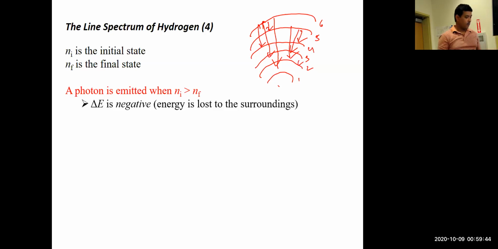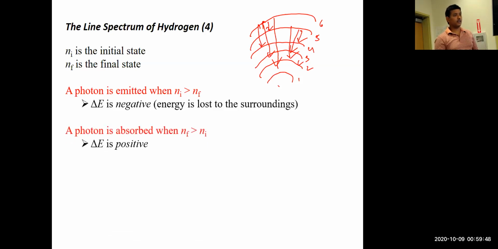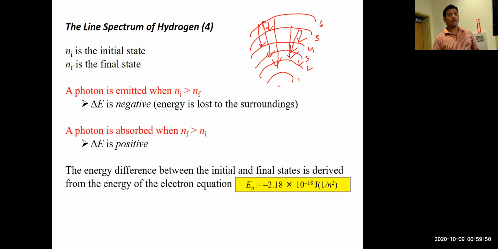Now, when the photon is absorbed, what it means is your final state should be larger than your initial state. So let me try this one again. Nucleus with shells.